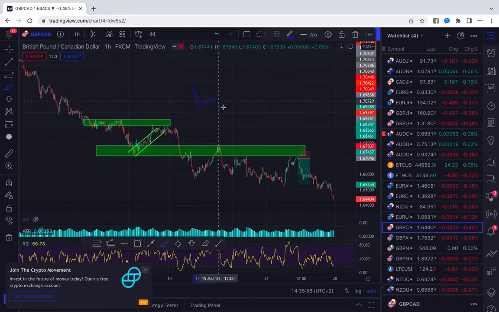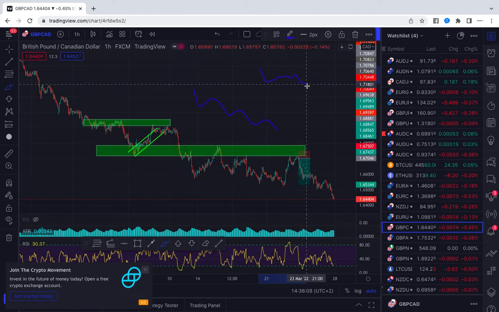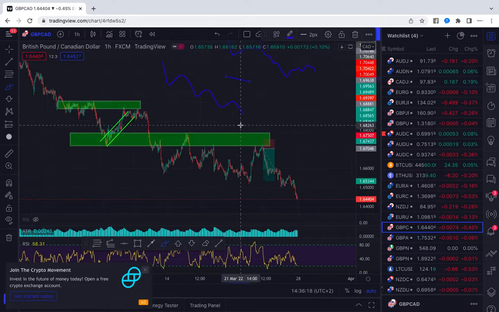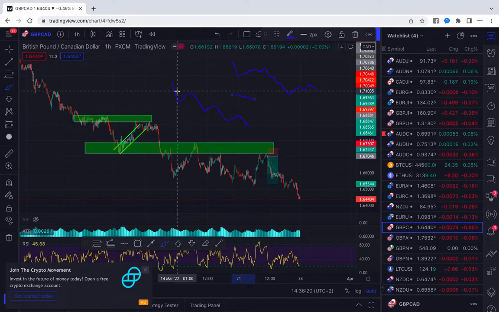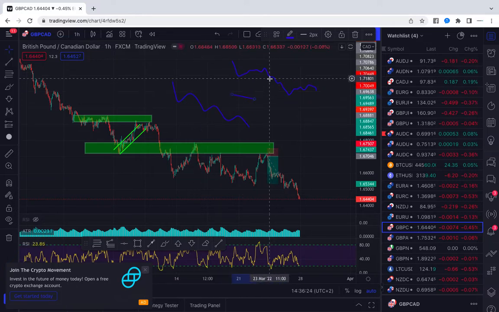Instead of the market moving like this, which is how you see it in textbooks, this is essentially how the market moves. And you have a retracement. Then you have a, you see, these two, this here and this here, is essentially the same thing.